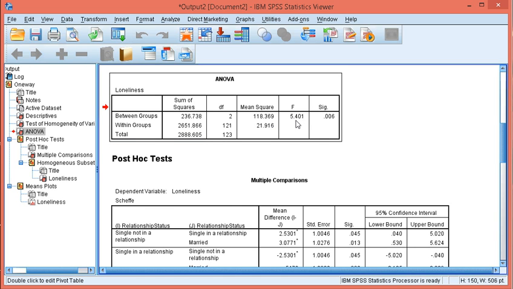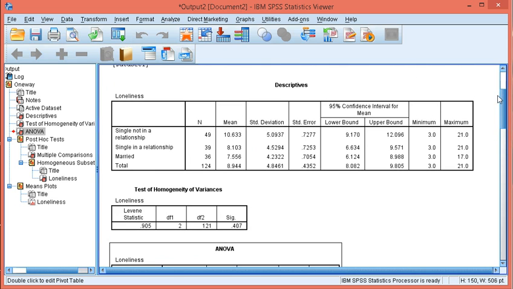If you remember, the closer the F ratio is to 1, the more likely that these two variances are the same. So this one is the measure of variance we expect by chance, and this one is a measure of the variance that we are observing among these three means.